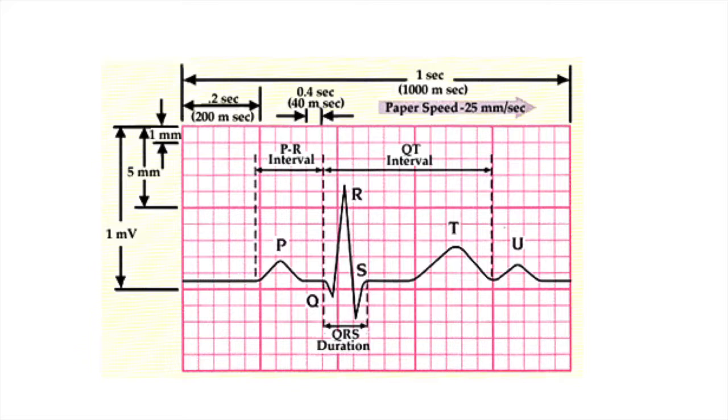I know that my QRS needs to happen in the first 3 little boxes, which is 0.120 seconds. It needs to be within 3. If it's wider than 3 little boxes, it's a wide complex beat, right? And that just tells me that it's taking longer to depolarize the ventricle, right?